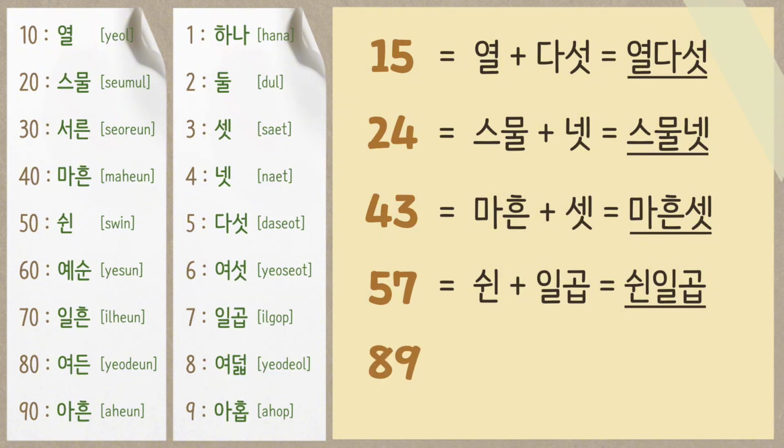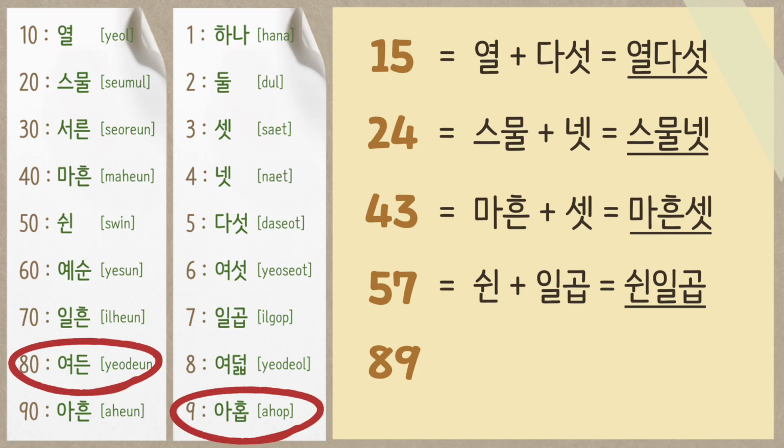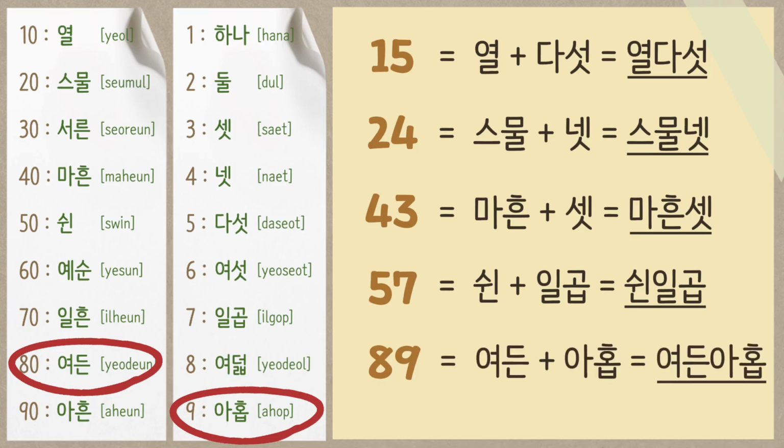The last one is 89. 89 is a combination of 80 and 9, which makes it 89.